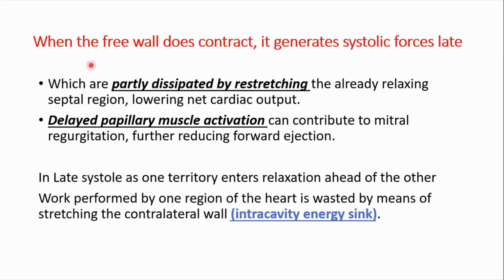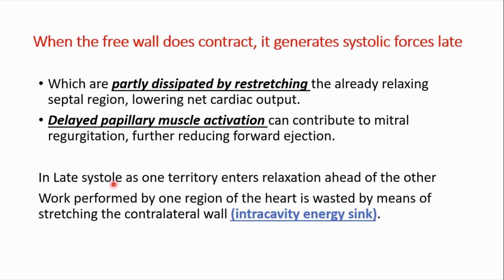Then later on, when the free wall of the left ventricle contracts, it generates systolic forces, but this is very late, and it is partly dissipated by the restretching of the already relaxing septum, and there is a delayed activation of the papillary muscle, leading to development of mitral regurgitation that reduces the cardiac output and precipitates heart failure.